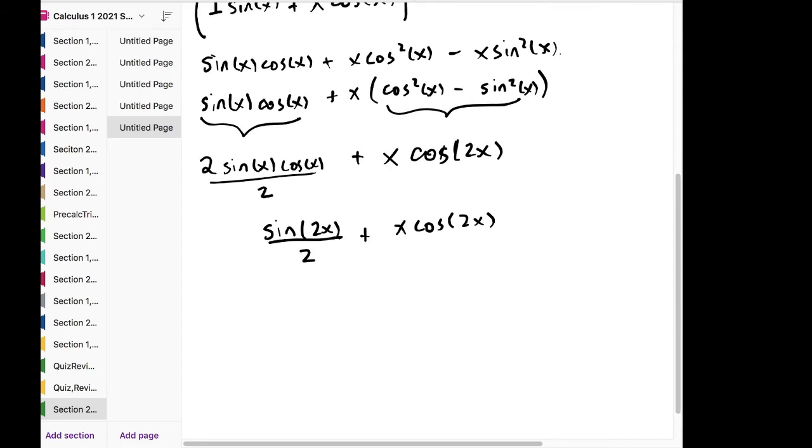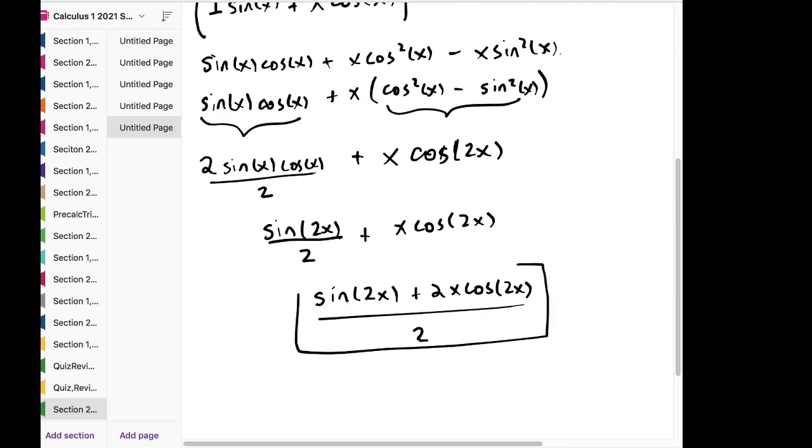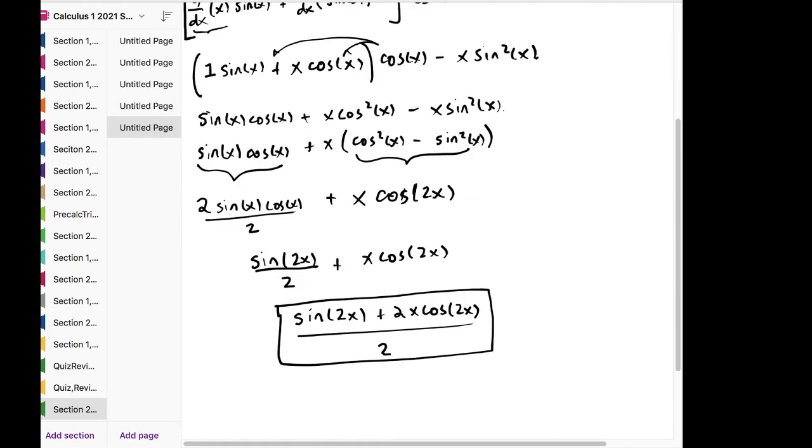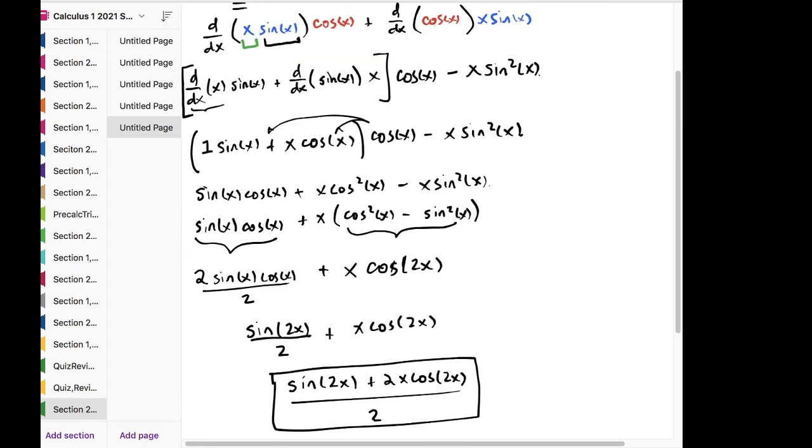So if you wanted to make it even nicer, you could put it into one fraction by combining the denominators. So that might be a nice looking derivative.